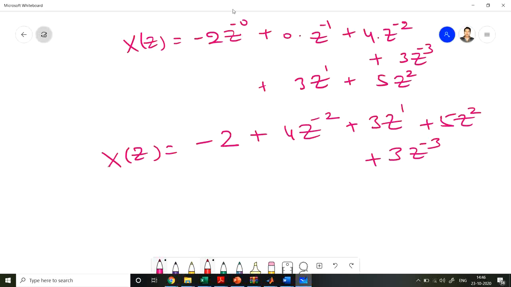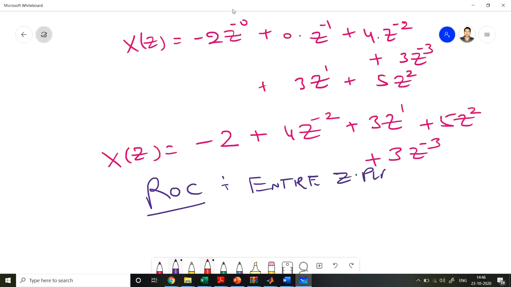Now if we talk about the ROC of this z transform, we can say that the ROC is the entire z plane except some points.